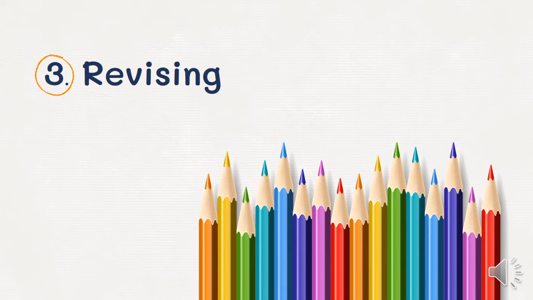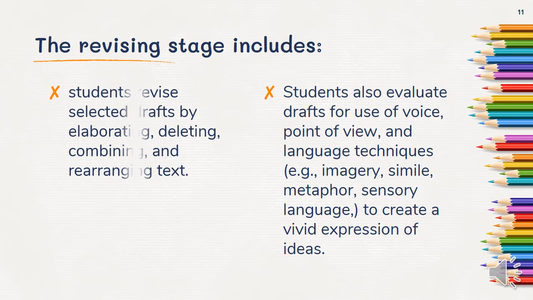The third phase in the process is revising. The revising stage includes students revising selected drafts by elaborating, deleting, combining, and rearranging text. For example, if I wrote an essay, I will not publish it when I finish it.